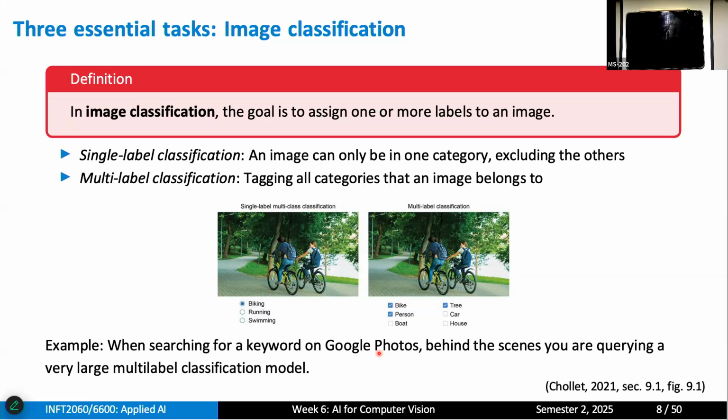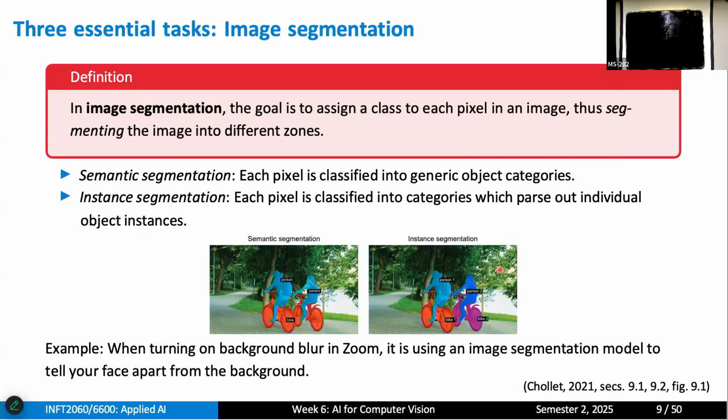So according to this, it will be easy for you to summarize it based on their categories. That's what we say: searching for keywords in Google Photos, and behind the scenes, you will require very large multi-label classification models. All right, that's the image classification.